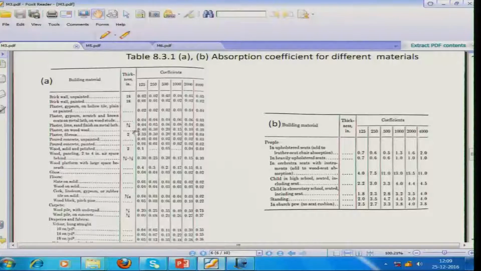So, for instance, brick wall unpainted has absorption coefficient of 0.02 at 125 hertz and it is 0.05 at 4000 hertz. So, it can change significantly. Okay. Similarly, one more example: plaster on wood wool, or fibrous plaster, let us look at this row, at 125 hertz 2-inch thick plaster 0.35, and at 4000 hertz it is 0.01.